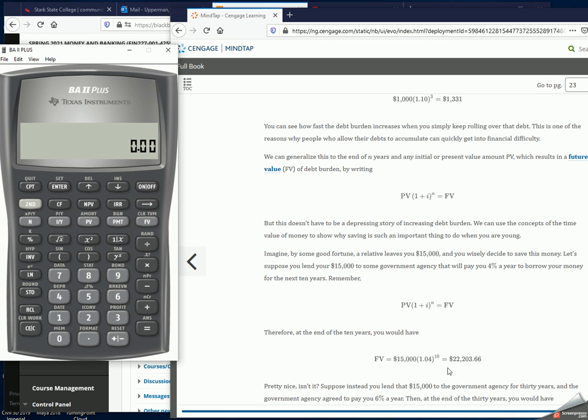So again, this would be the mathematical formula that you could use, but if you have your time value of money calculator, your financial calculator, you can say, okay, 10 is my N, that's how long I'm saving. My interest rate is the 4% that the government's giving me on these bonds, so that's my I/Y. 15,000 is the amount that I started with, so that's my present value.